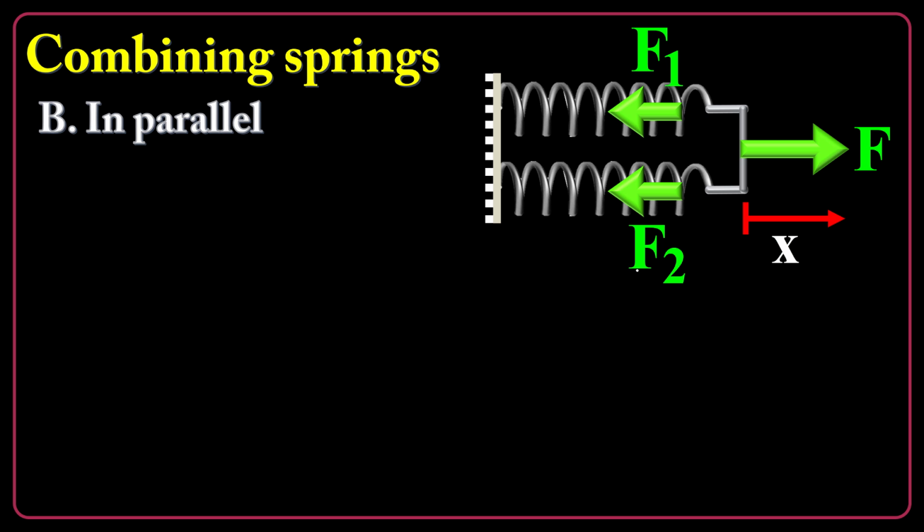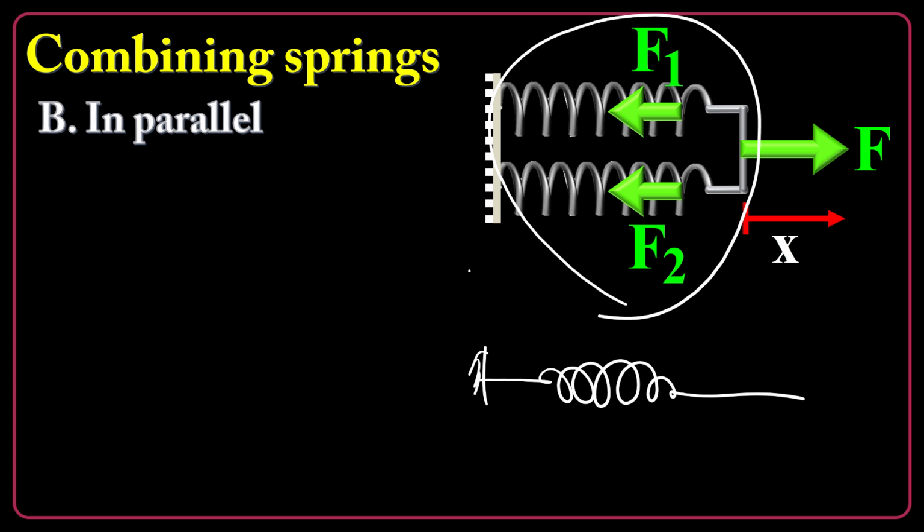How to find the equivalent spring constant? Equivalent spring constant means that, again, I will suppose that I have put the system in a box, and in this box the stiffness seems to be K. So if I apply a force like F, the extension like X will be the same. Okay, how to find it?